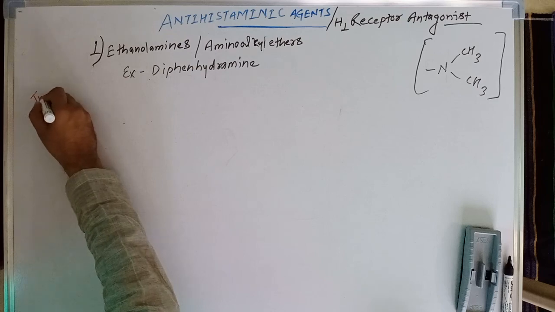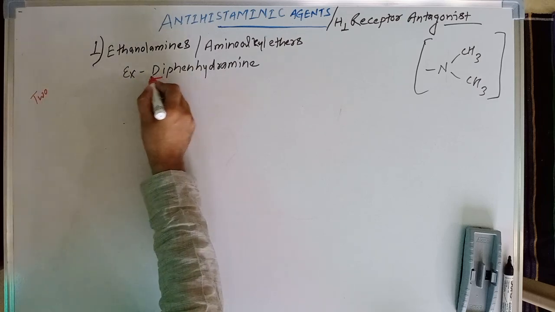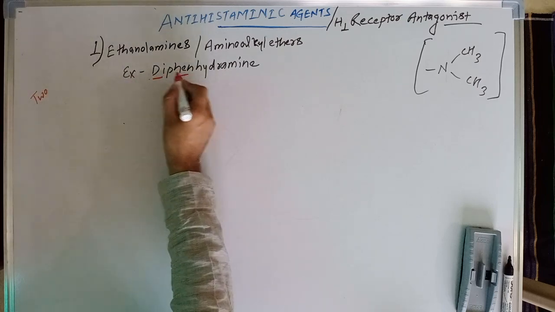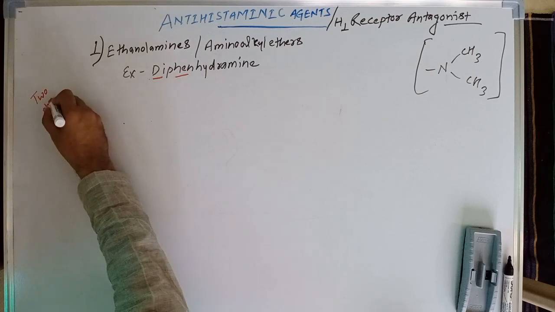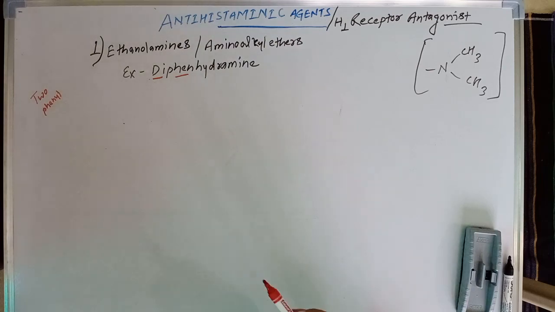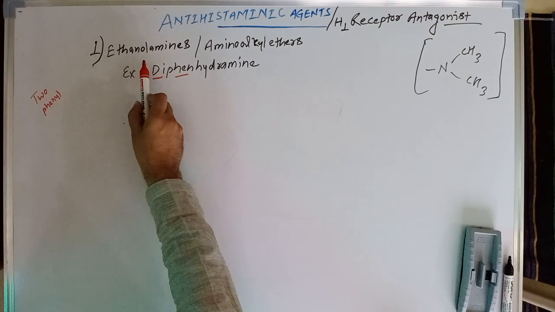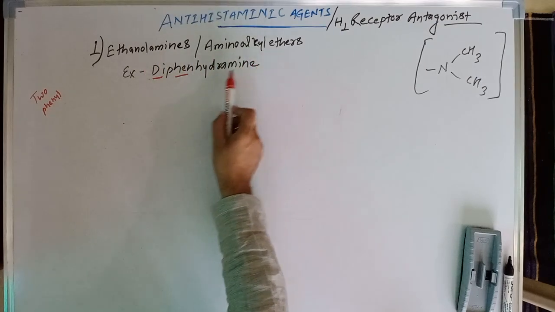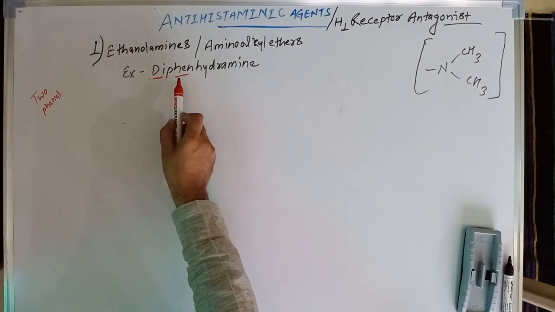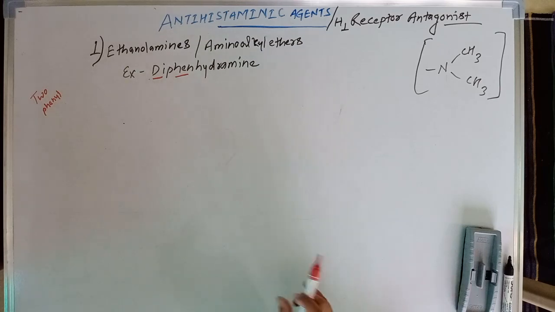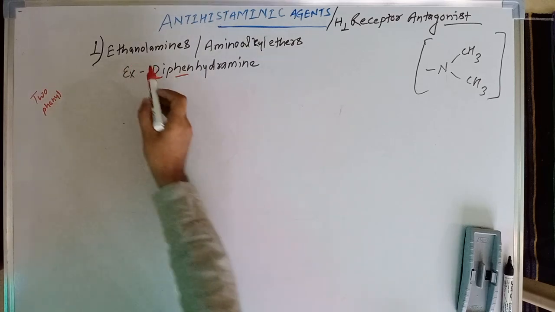Di means two, and phen means phenyl. Two phenyl moieties. So first of all, we will draw ethanolamines.